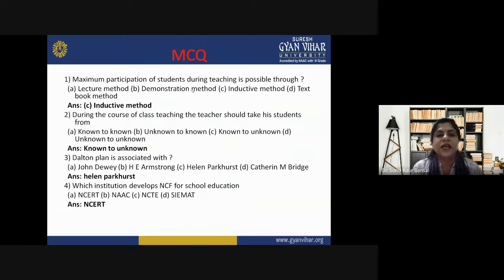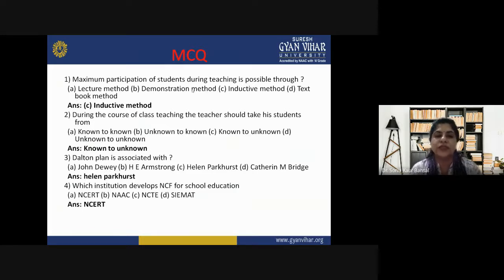Now, students, let's have some MCQs related to this. In general, maximum participation of students during teaching is possible through lecture method, demonstration method, inductive method, or textbook method. So it is the inductive method.